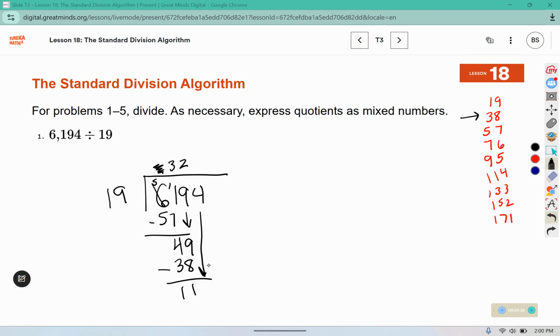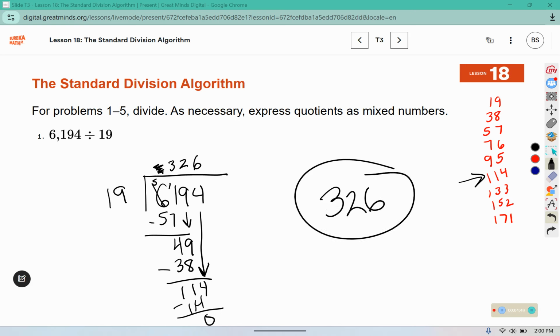That gives us 11. Then bring down the 4. 19 fits into 114. This is the 6th one in the list, with no remainders, so our answer is 326.